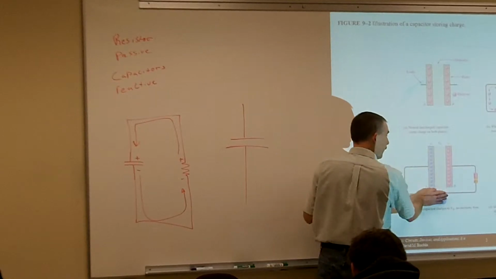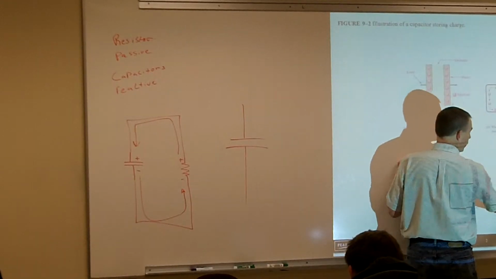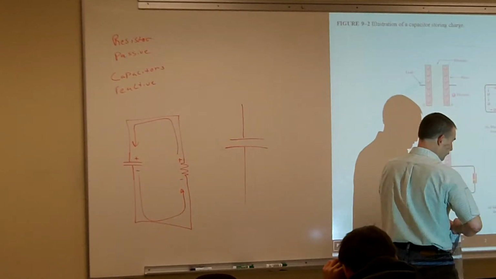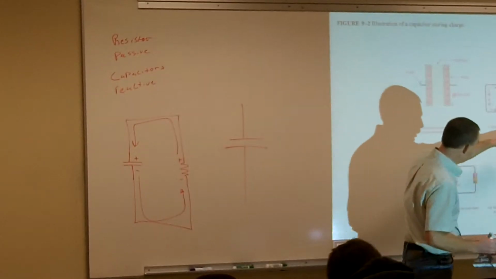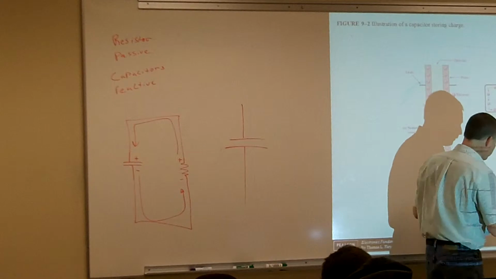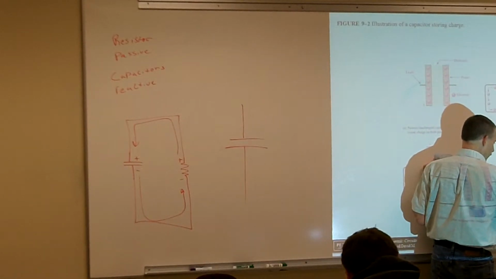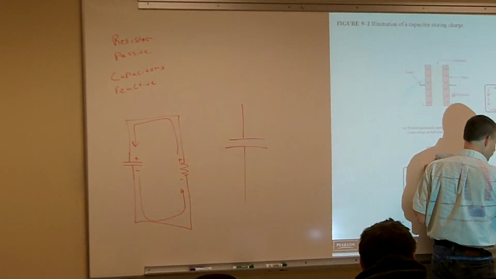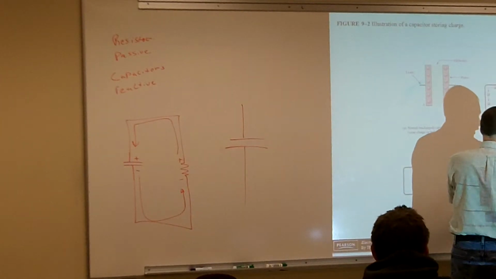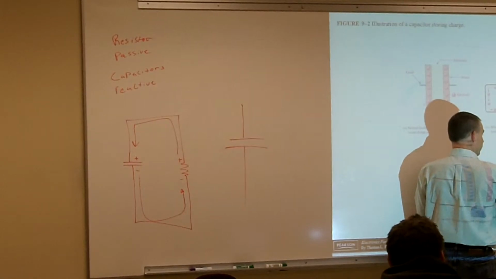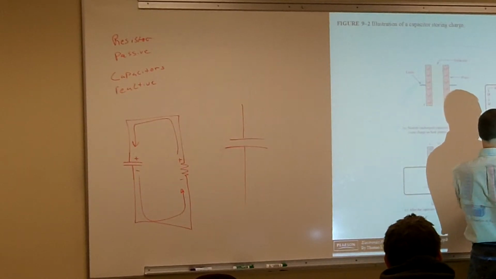Once I remove that source, all those electrons and protons stay electrically charged on that capacitor. They do that just like magnets: unlike poles attract each other. So all these electrons, with this very thin insulator in here, are trying to attract each other.